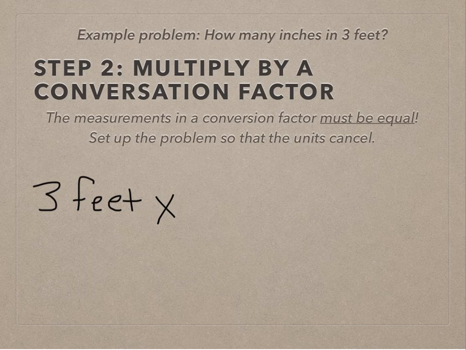A conversion factor is actually a fraction. So I'm going to do a division bar. And one of the things that will make life easier in the future is to do a horizontal division bar. Don't do the little slanted 1/2 for a half. Do the elementary school where you do 1/2, so you have a horizontal bar. It's a lot more visual, and you're less likely to miss things.